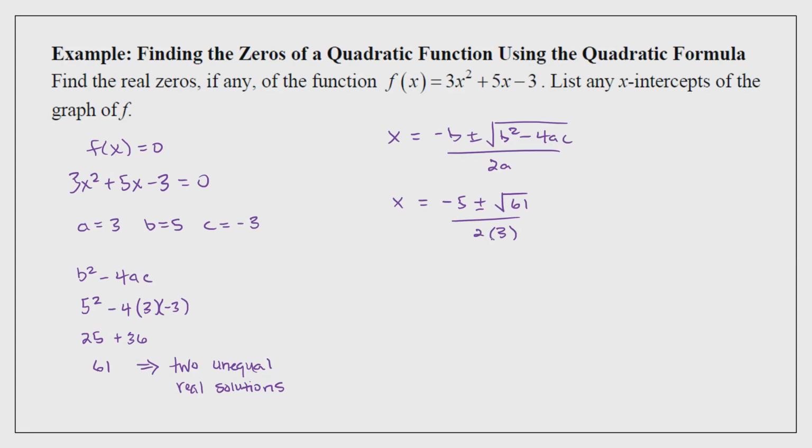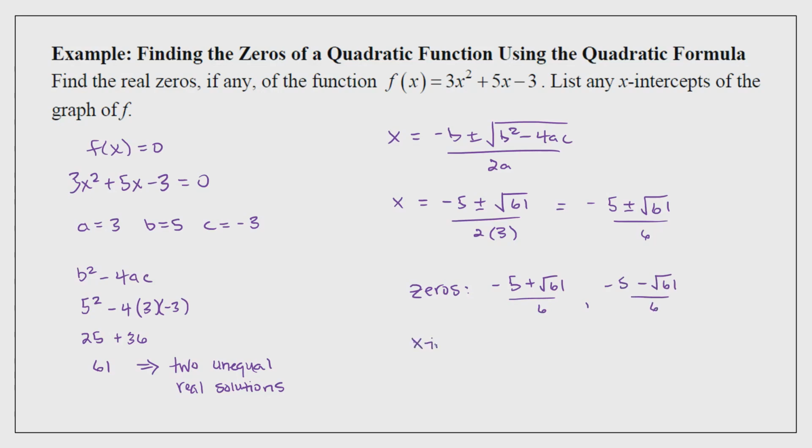Simplifying, we have negative 5 plus or minus the square root of 61 over 6. 61 is not a perfect square, so our zeros would be negative 5 plus the square root of 61 over 6 and negative 5 minus the square root of 61 over 6.